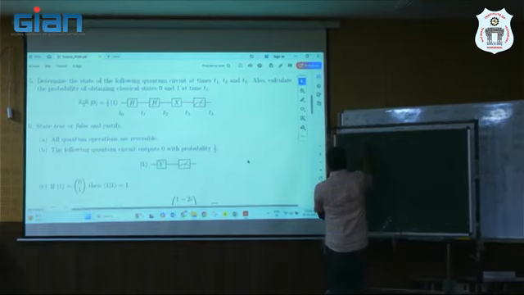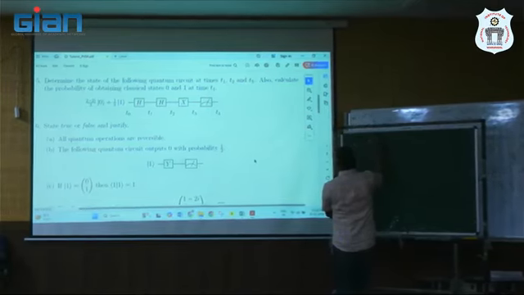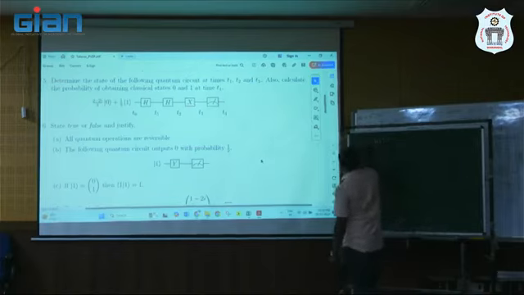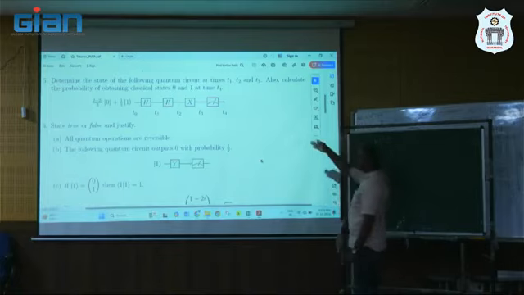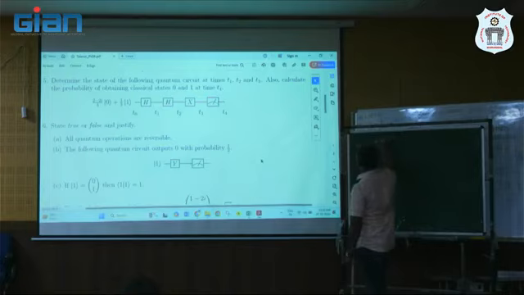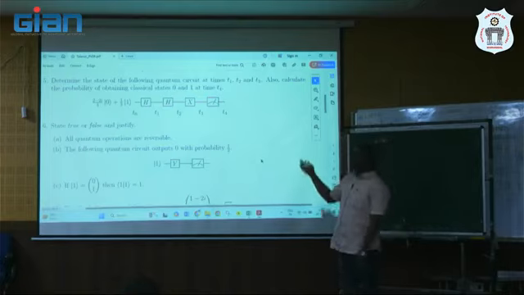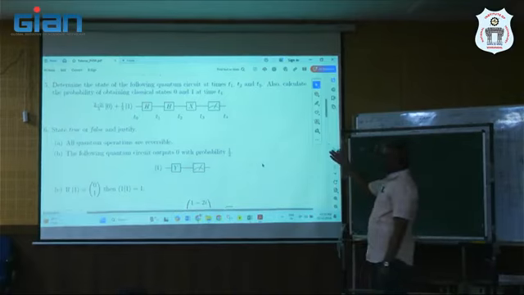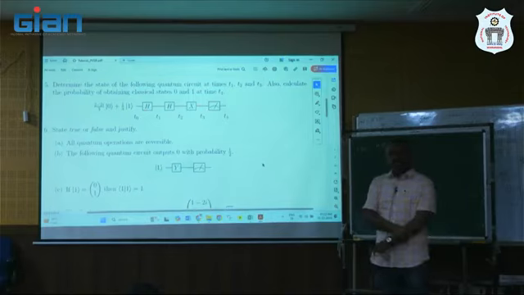Hadamard on whatever state we have at T naught. State at T1, say ket psi 1; state at Ti is ket psi i. Then what is T1 ket psi 0? We know that that is 2 minus 2i by 3 ket 0 plus 1 by 3 ket 1. Again we need to do with H, again we need to do with X. Instead of that, what is the other easy option?